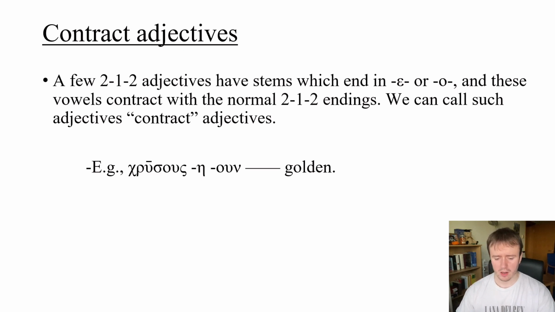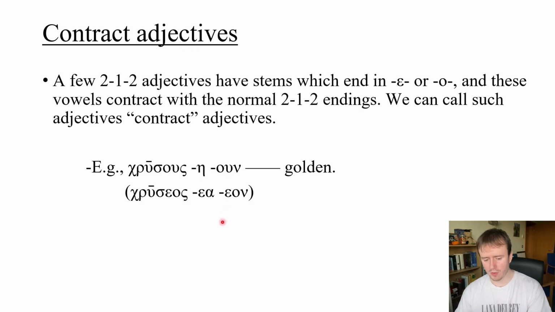This adjective has ous, un instead of os, on. That is because, in reality, this adjective is chryseos, chrysea and chryseon. It has this epsilon at the end of its stem.